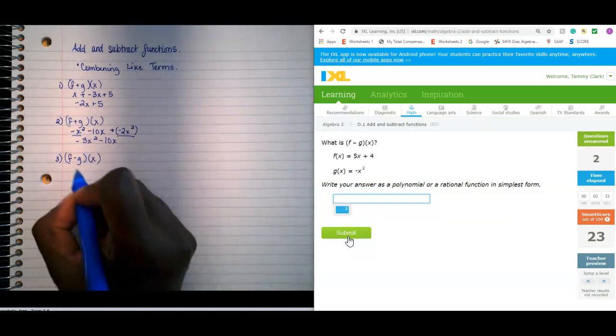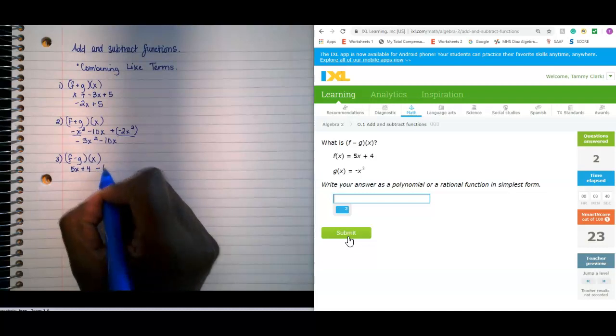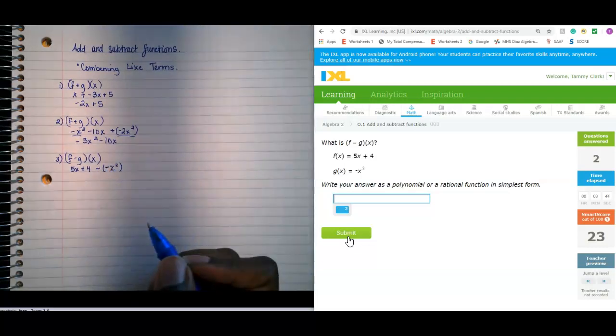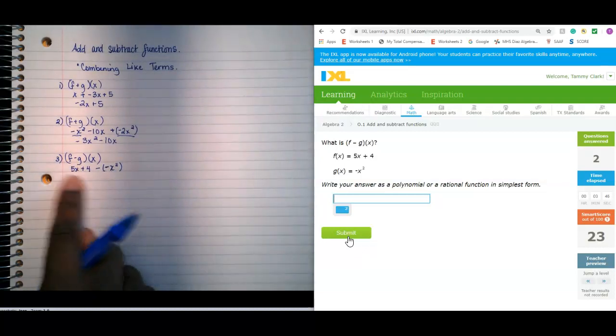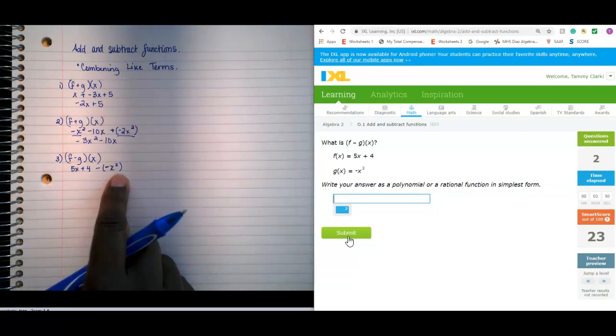So I'm going to do 5x plus 4 minus negative x squared, because I'm doing function f, which is 5x plus 4, minus whatever g of x is. Well, g of x is negative x squared.